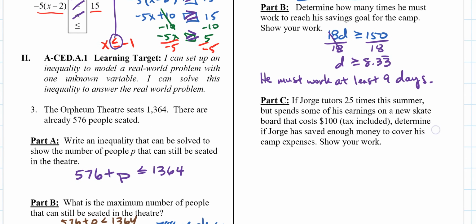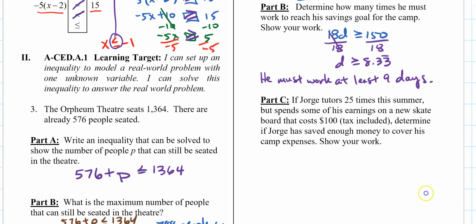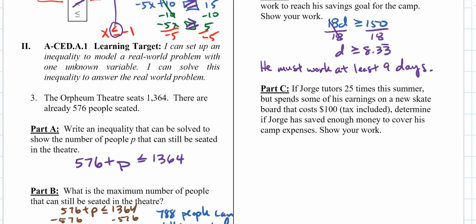Part C, if Jorge tutors 25 times this summer but spends some of his earnings on a new skateboard that costs $100, determine if Jorge has saved enough money to cover his camp expenses. Well, we know that in a day, or in working, he gets 18 times D. That's his total take-home pay after he covers gas.